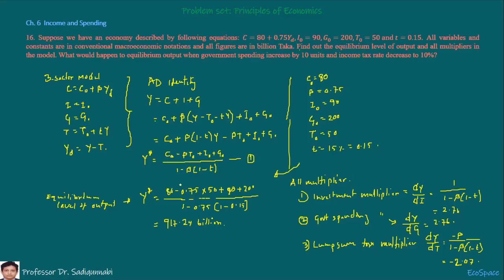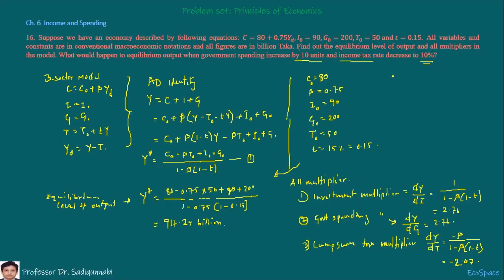Now what is the second part? The second part says, what would happen to equilibrium output when government spending increases by 10 units and income tax decreases to 10%.